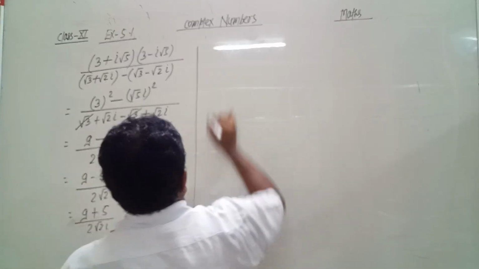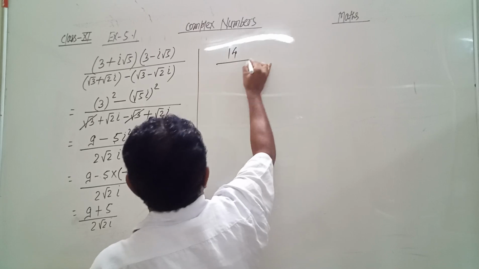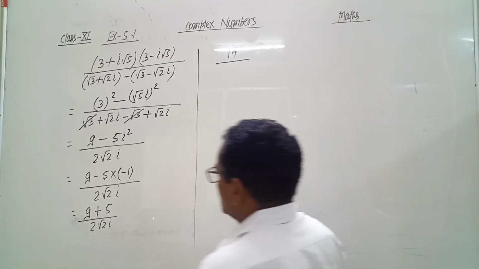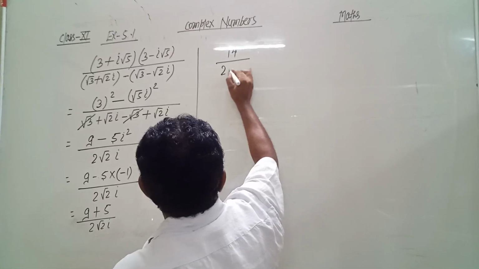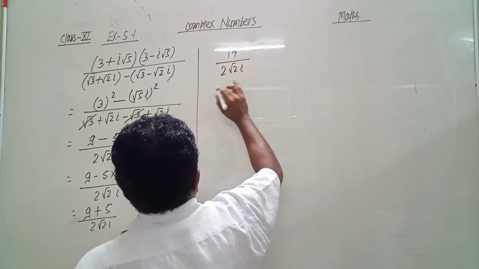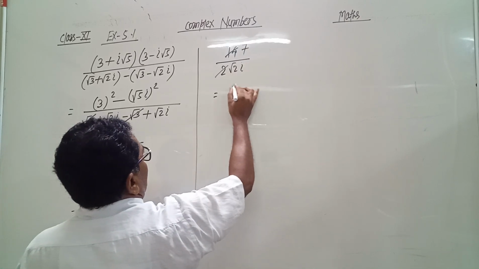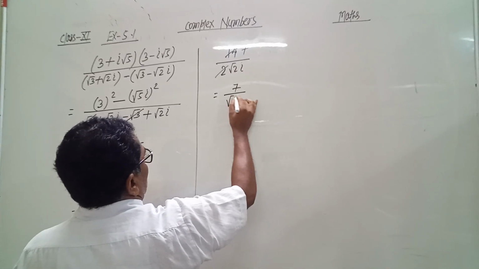So we get 14 upon 2 root 2 iota. It gets cancelled by 7 and it becomes 7 by root 2 iota.